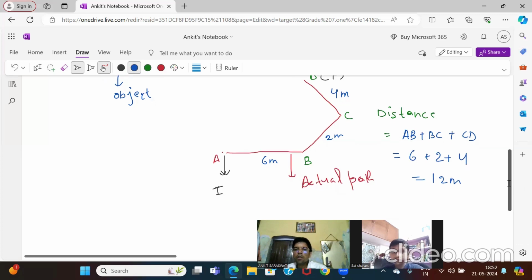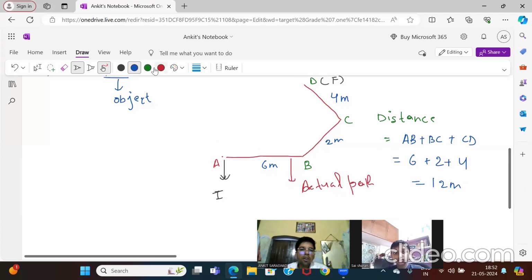Now what is the meaning of displacement? Somebody asking what is displacement? Sir, the shortest distance between initial and final position. Then how will you decide which path will be shortest?